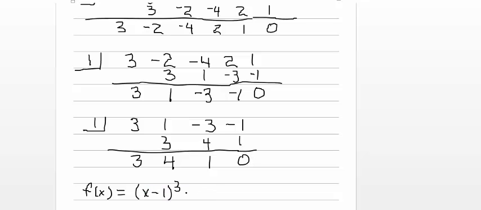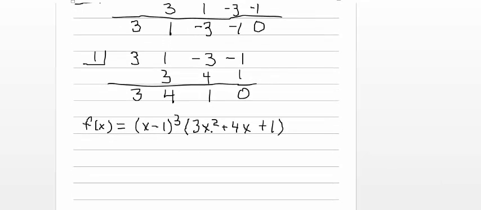So f of x is x minus 1 to the third times 3x squared plus 4x plus 1. Notice these are the coefficients in my final synthetic division quotient. I can factor 3x squared plus 4x plus 1 into 3x plus 1 times x plus 1.